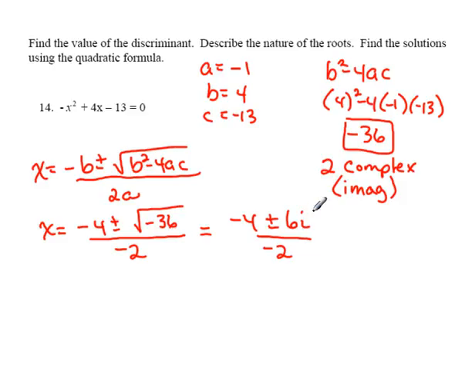And again, these numbers, -4, 6, and -2 are all divisible by the same number, and we never leave a negative in the denominator, so the number we're going to divide by is -2. So that gives me +2 plus or minus 3i over +1, which of course we don't need to write. And that's the answer.